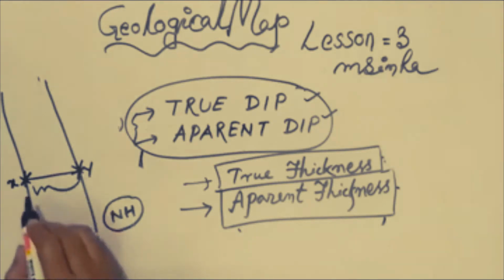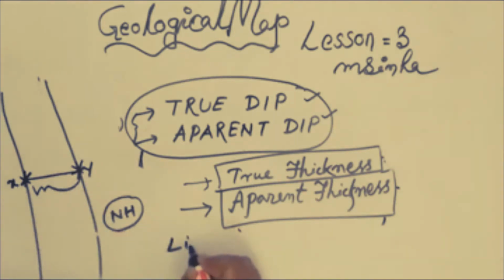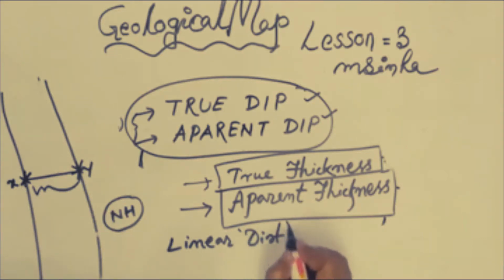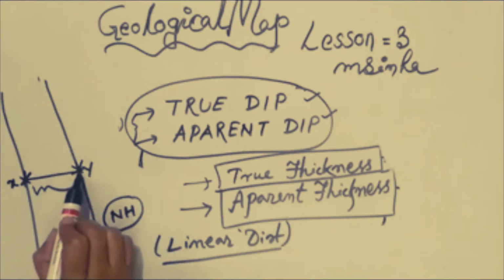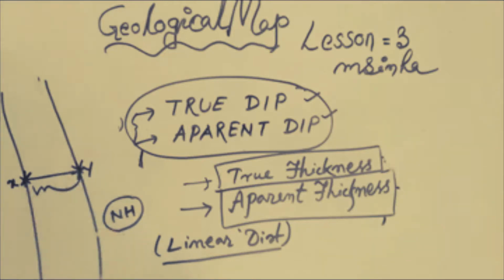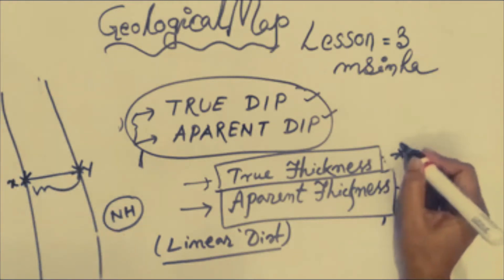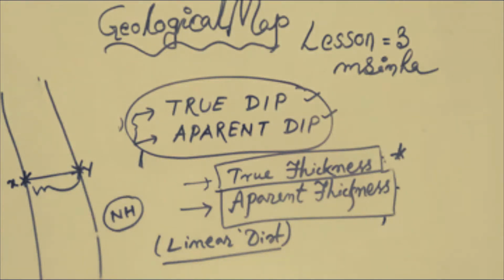We can get the linear distance with the help of a measuring tape, putting one end of the tape here and the other end of the tape here, and we can easily get the linear distance. And this is the true thickness, or the true width, of the road.